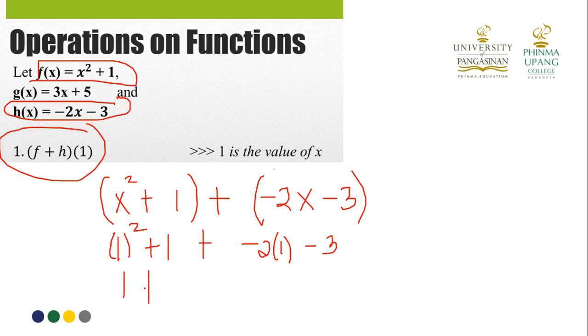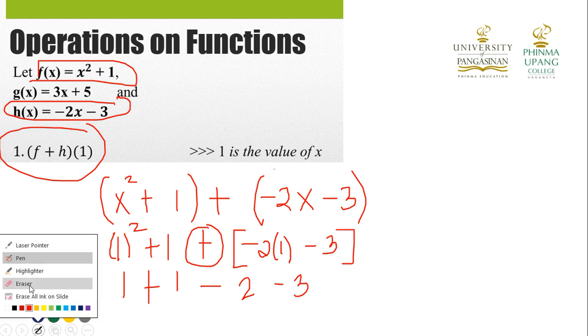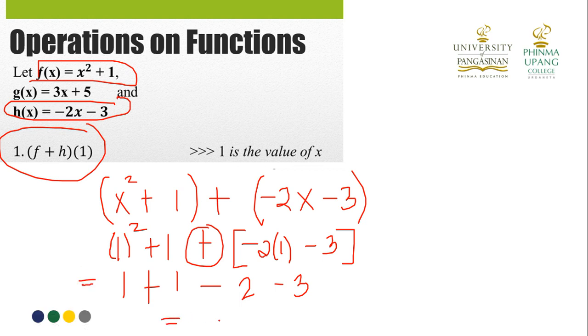Still 1 plus 1. Then, this is plus and minus. So, just copy negative 2, then minus 3. The plus sign will disappear because it is followed by a negative. Still, it will become minus. Now, can you give me the final answer? Negative 3. The answer is negative 3.